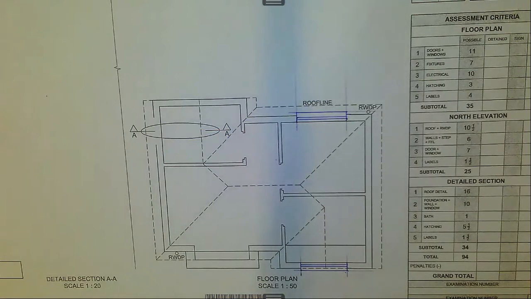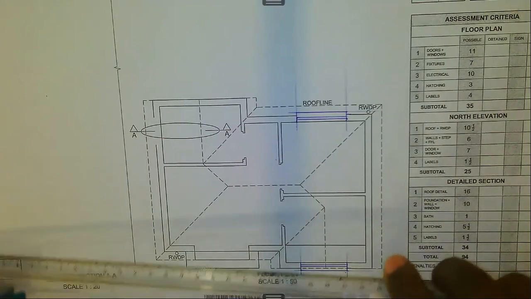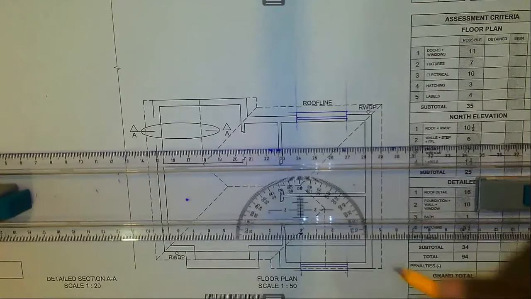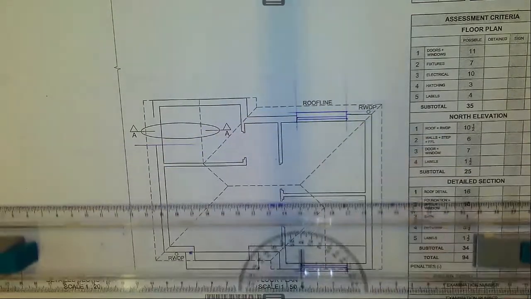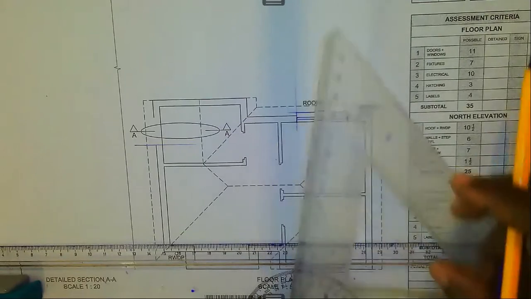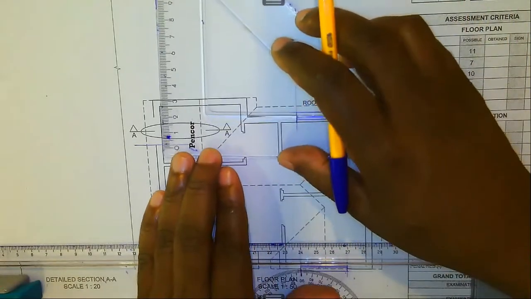Window number 2 is, the width is 800. So we need to say 800 divided by 50, we get 16. But then we measure 16 from here.